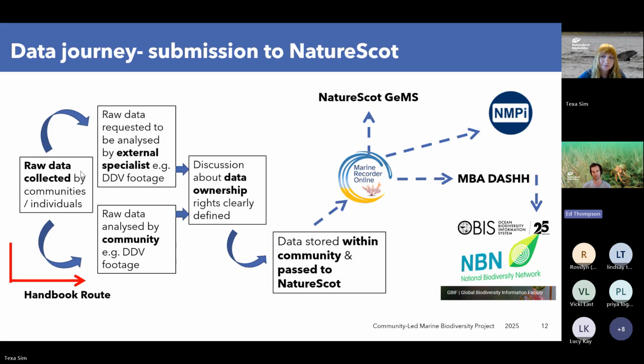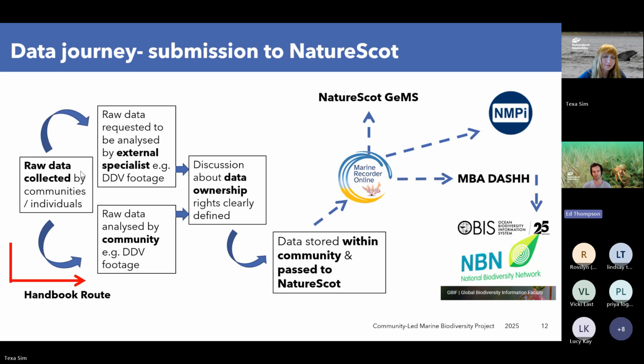It's quite complex because you don't want to be duplicating any data, so they have to be really careful when sharing data with each other that it hasn't already been submitted elsewhere. But it's a good step forward because it means we can tie off the two different routes so that everything will appear in each database.